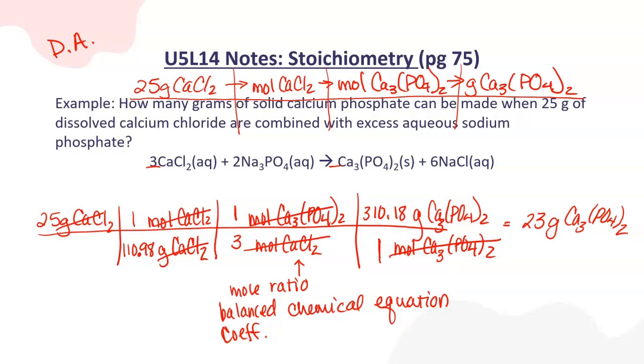There are some common errors though that could happen. A lot of the times I will see you guys put a 3 here because it's got a 3 in this reaction. Do not do that. Molar mass is always 1 mole to the periodic table molar mass. That brings me to another mistake. A lot of the times I will see you guys multiply this by 3. No, molar mass is independent of the balanced chemical equation. It is solely based off the chemical formula.